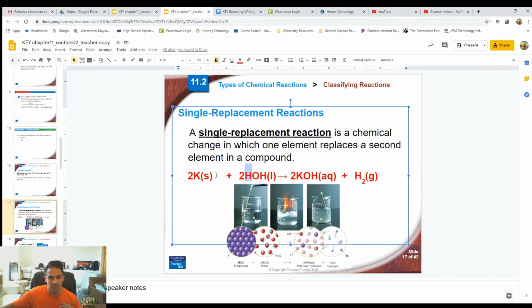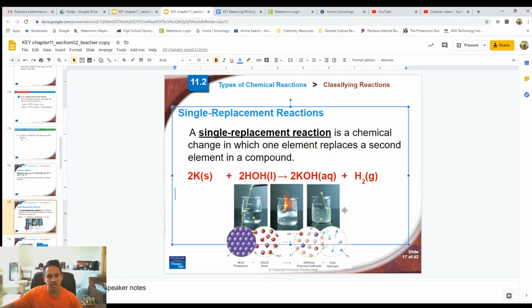So in our products, we have potassium bonded with hydroxide, which is where we get KOH from. And then the hydrogen is by itself, and when it's by itself, it is diatomic. So you'll often see me in a lot of practice problems rewrite H2O as HOH because it's easier to view and switch things around that way.